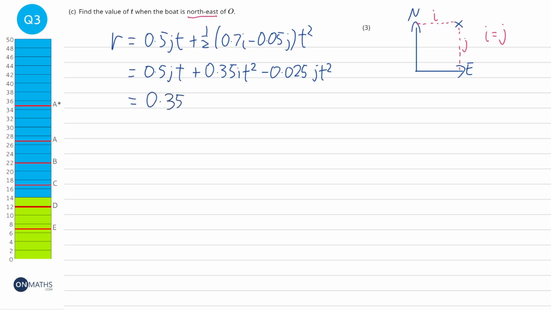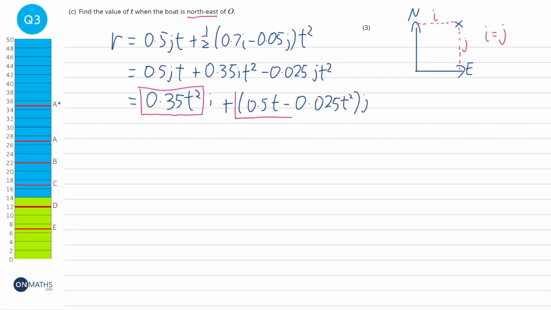So I'm going to put the i at the start. And instead of that, I'm just going to put the i at the end. So it'd be t squared i. So we've got this i component here all together nicely. And we're going to put the j components next to each other. So it will be plus 0.5t minus 0.025t squared, and then that will be the j component.